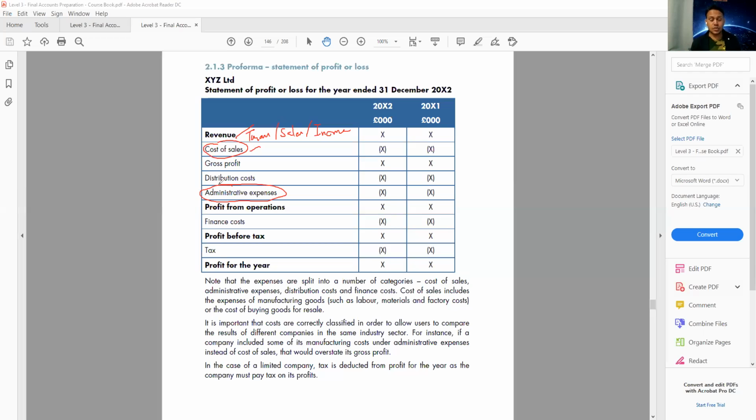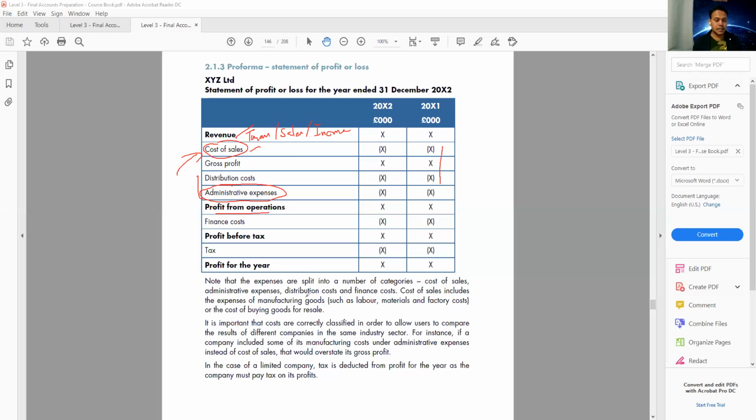So the direct cost will be included in the cost of sales, and indirect cost will be included in the distribution cost and the operating expenses or admin expenses. After minusing these expenses, we have a profit from the operation.